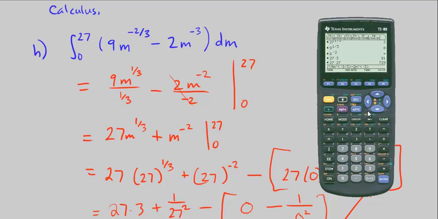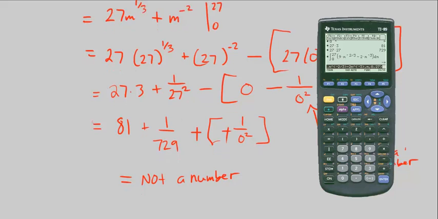That's my expression. My variable is m. My starting and stopping boundaries are 0 to 27, equals, right? And I get negative infinity.